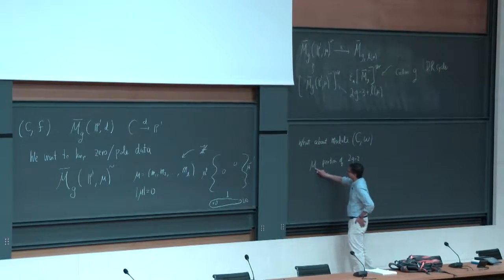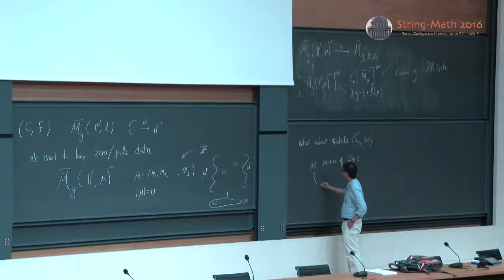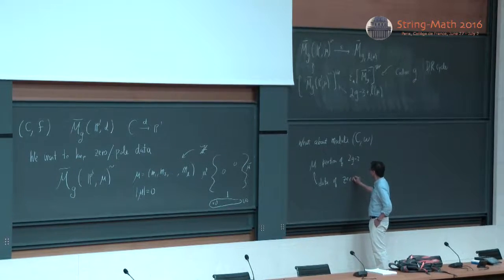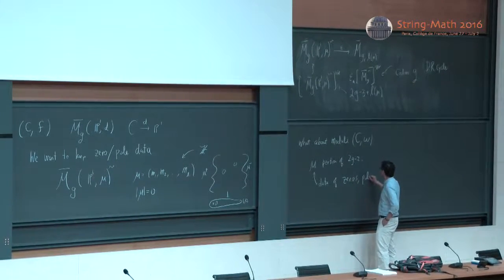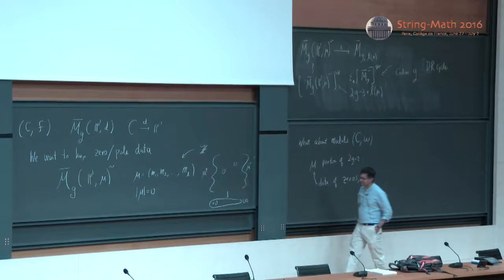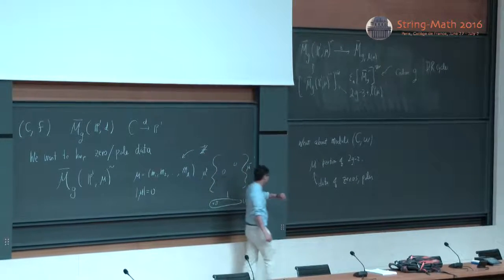My partitions here can take negative numbers, so this gives me the data of the zero multiplicities and poles. Just as before we had a partition of 0 because the trivial bundle has degree 0, now we have a partition of 2g minus 2.